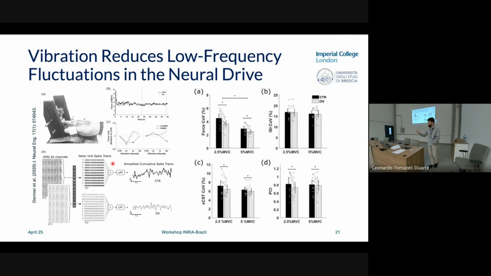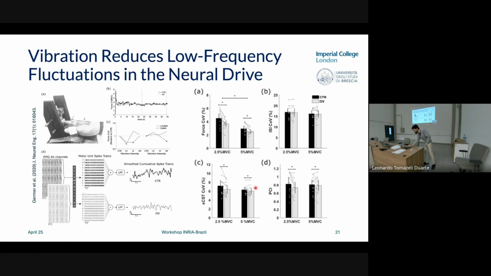But from a neurophysiological point of view, we employ high-density EMG decomposed by the fast ICA method, and then we use this information from the motor neurons to infer the mechanisms behind the reduction of the force variability caused by the vibration.